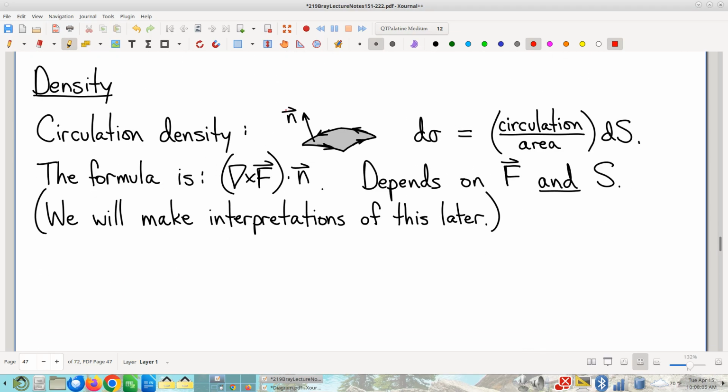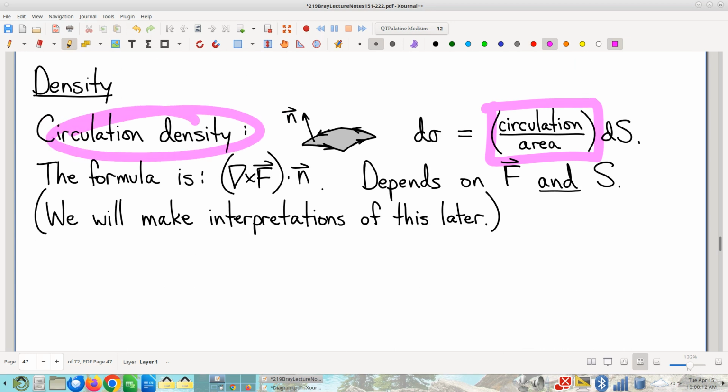And stuff has an associated density. So this is what we call circulation density, because it gives us the stuff of circulation, namely how much circulation around that boundary. I've got to emphasize boundary circulation per unit area of the little piece of surface whose boundary you're talking about. Stuff per unit size. That's what density is.